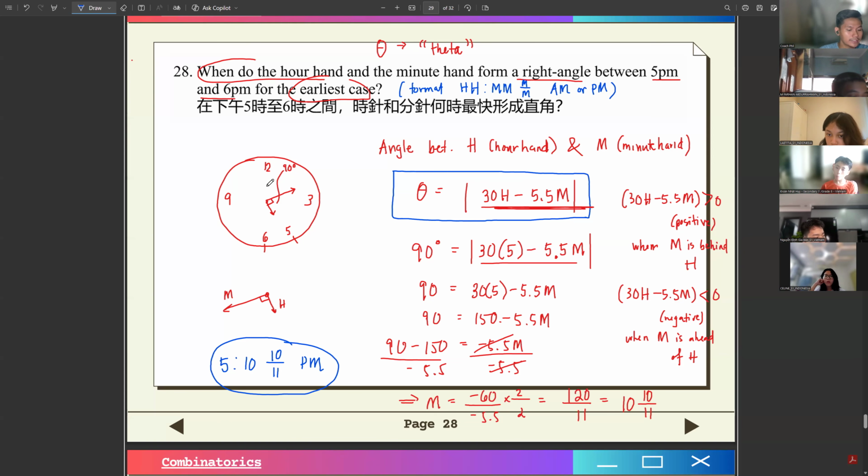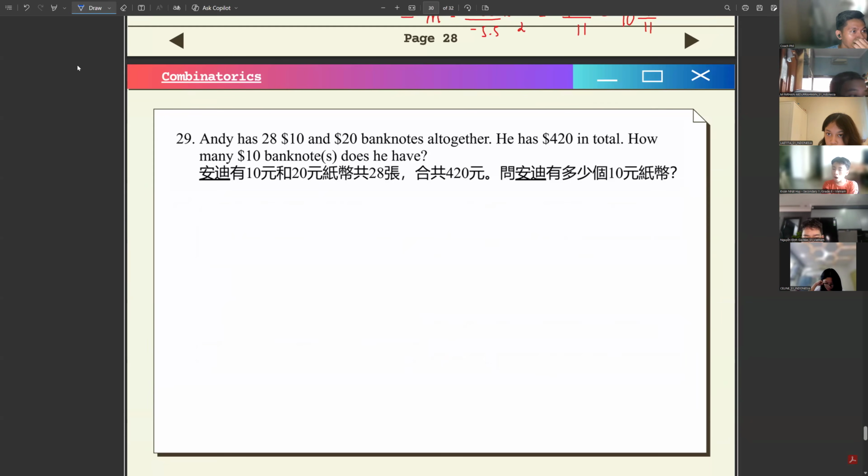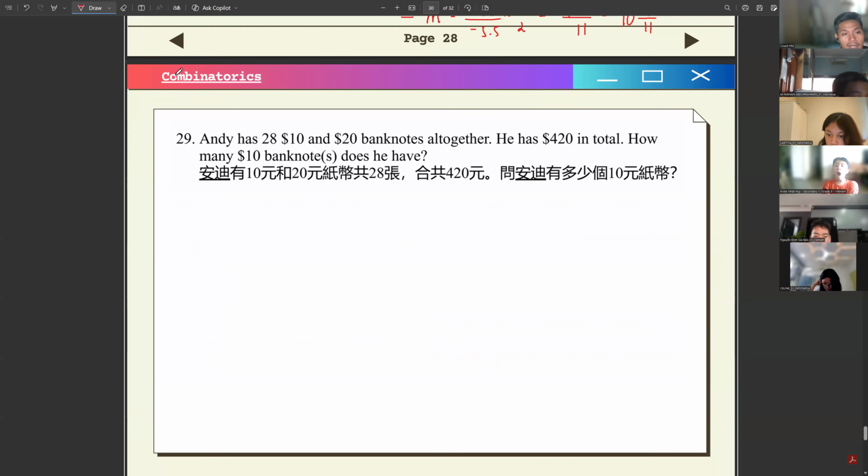Okay? Next problem. We only have 2 left. Andy has 28 $10 and $20 banknotes altogether. He has $420 in total. How many $10 banknotes does he have? So let's use some variables. This is algebra again, actually. Let X be the number of $10 banknotes.